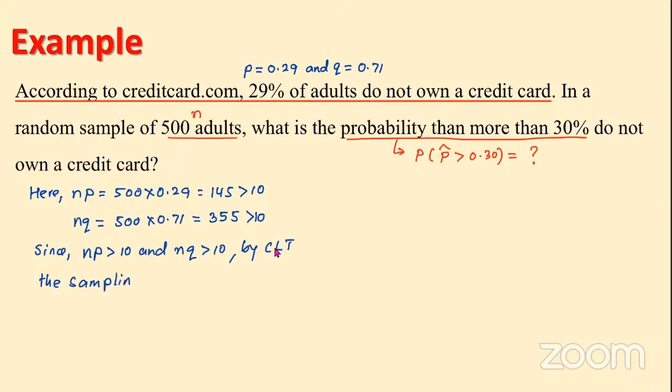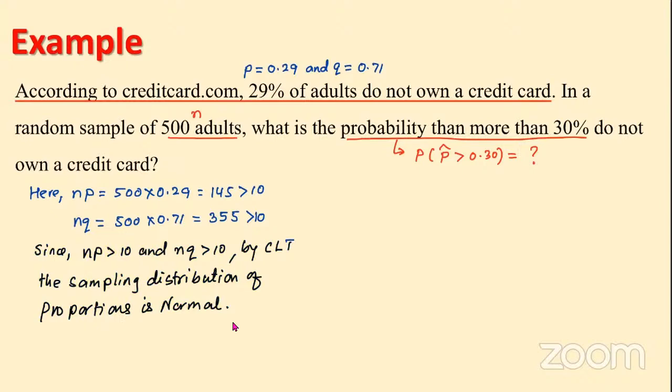So since n times p is greater than 10 and n times q is greater than 10, by the central limit theorem, the sampling distribution of proportions is normal.